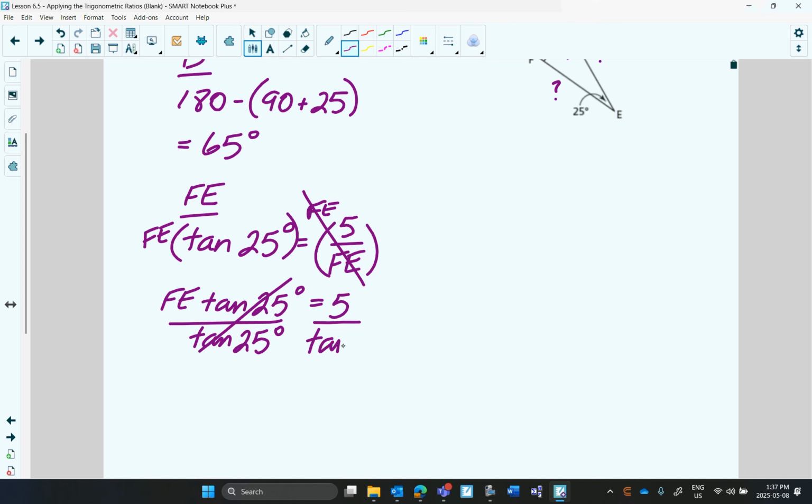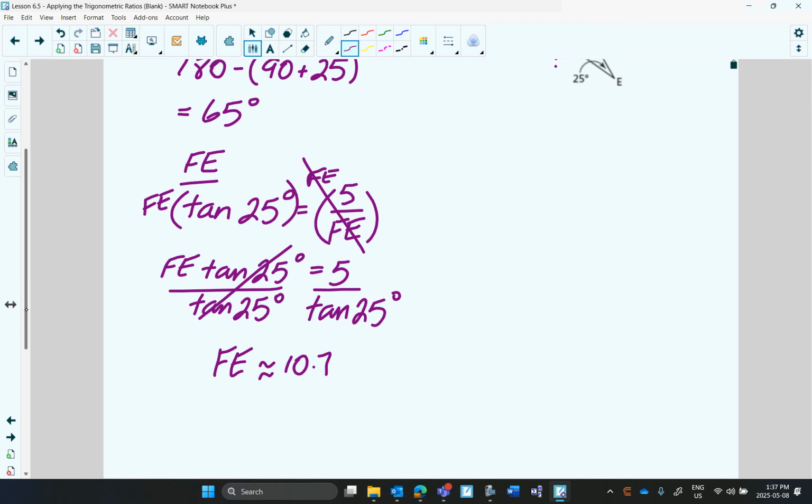So FE is approximately how much? 10.7. Okay. Are they units? Yeah. 10.7 meters. Yeah. Okay.